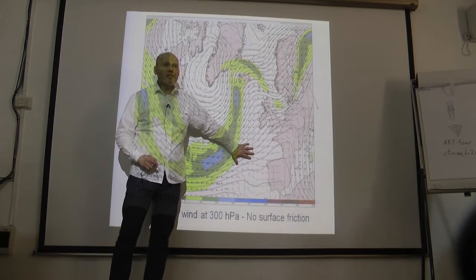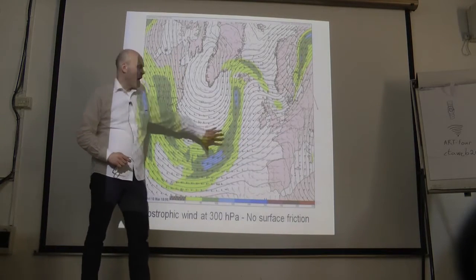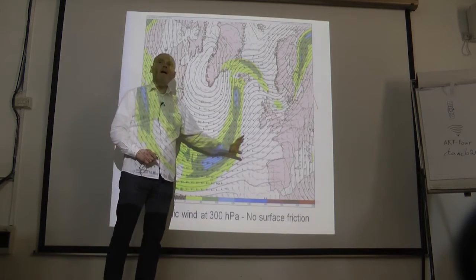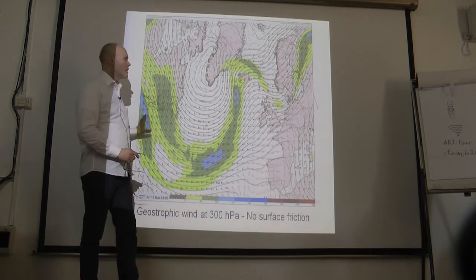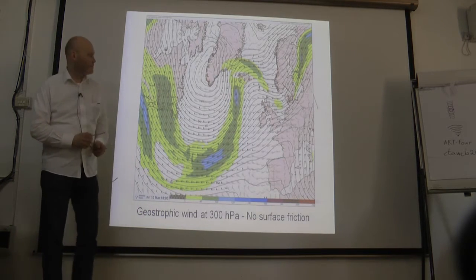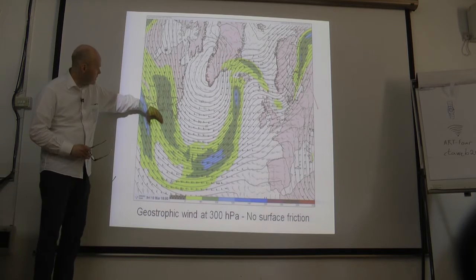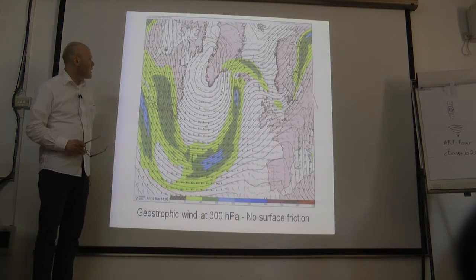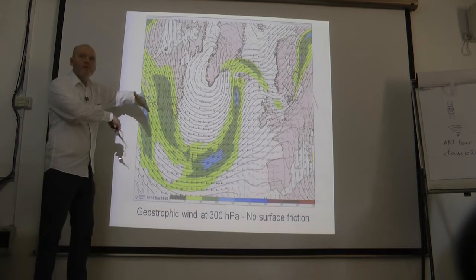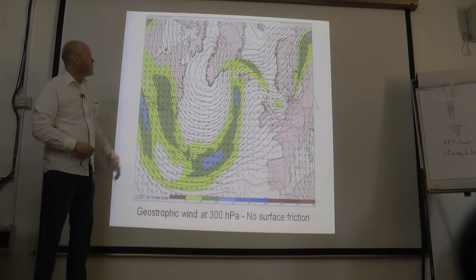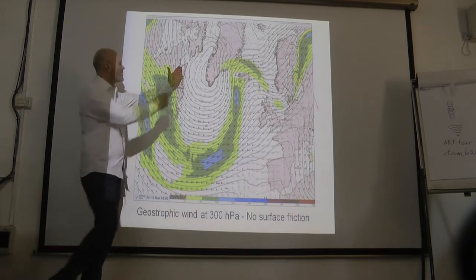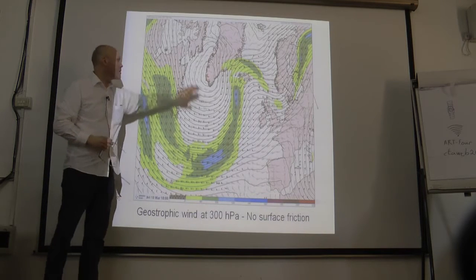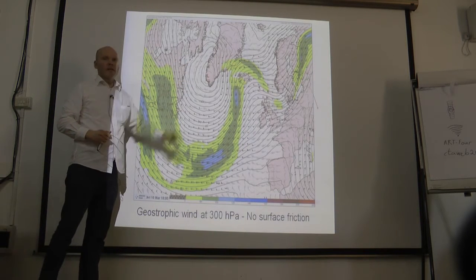A part of the wind is not geostrophic, and this part of the wind is contributing to moving the pattern to the east or to the west or wherever it's moving. But if we take, for instance, here, we can see that the wind is parallel to the isobars, and where the isobars are very dense, the wind is strong, but where there's greater distance between the isobars and where we move away from the equator, you get weaker winds.